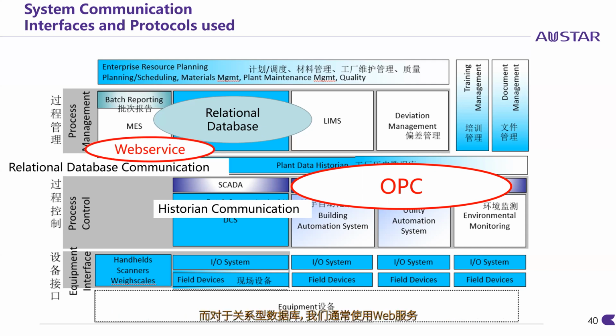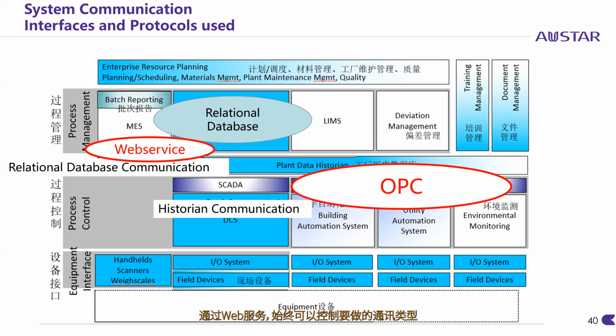Now, for a relational database, we are typically using so-called web services. You could also communicate with a relational database directly by using its standard language, SQL, but that is a very dangerous thing because you must have control over what type of commands are given to your database.